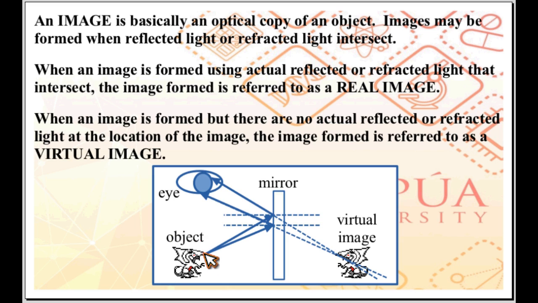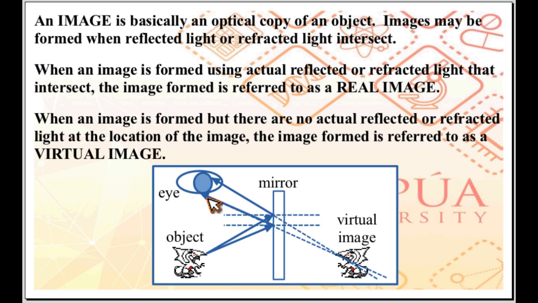So say this point, the top point of the object, is a light source. It will emit light. The light will travel in all directions. One light ray will strike the mirror and be reflected, say, to our eyes, and we see something.